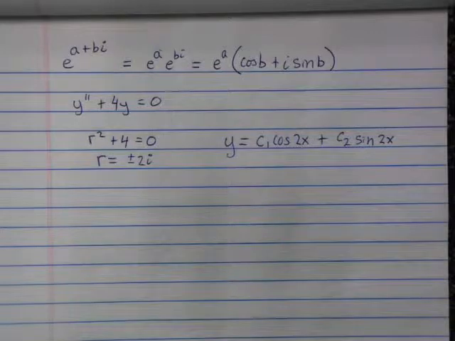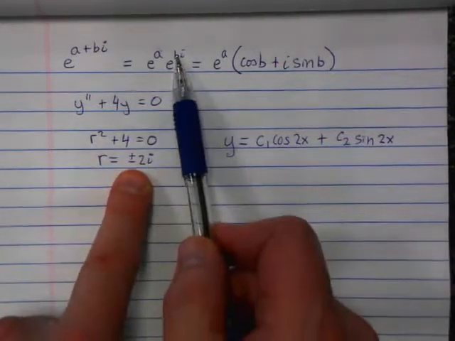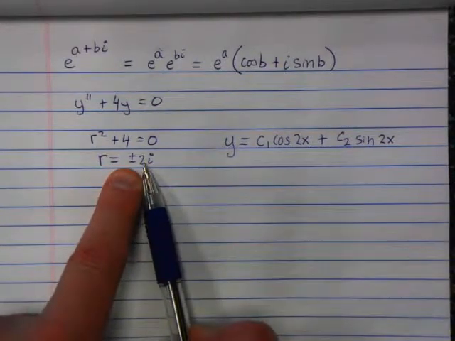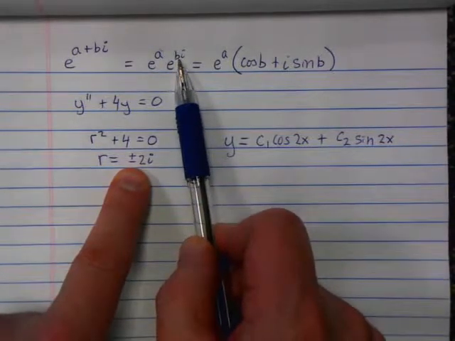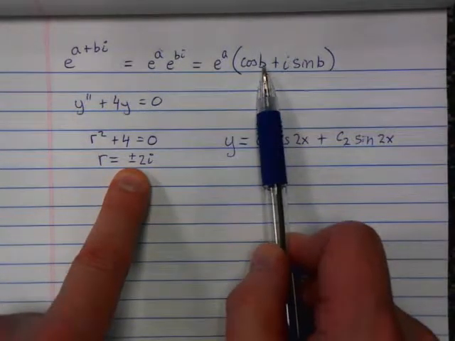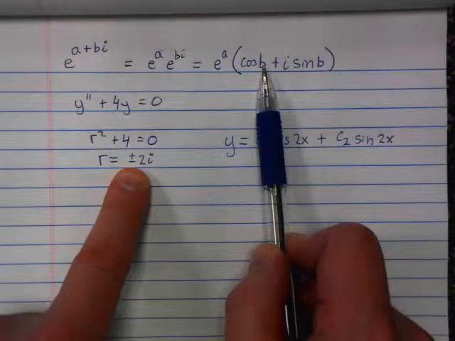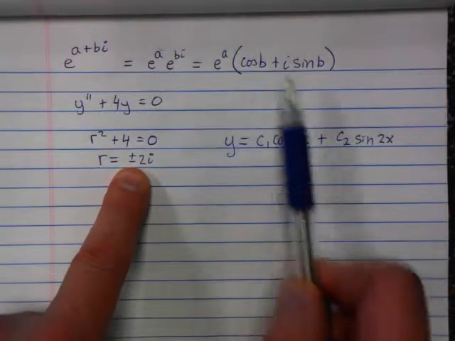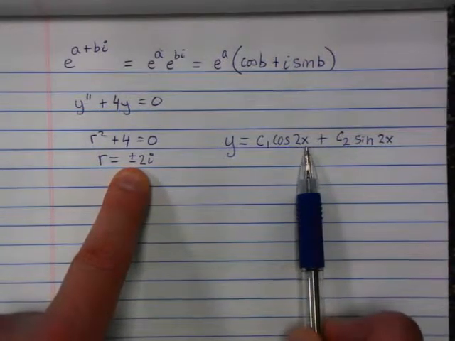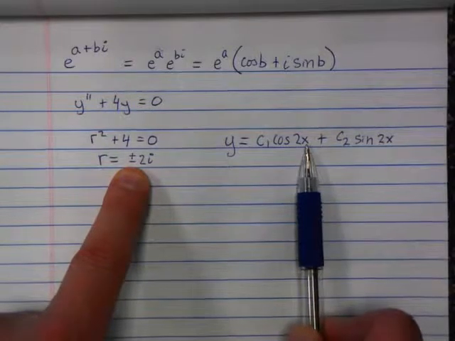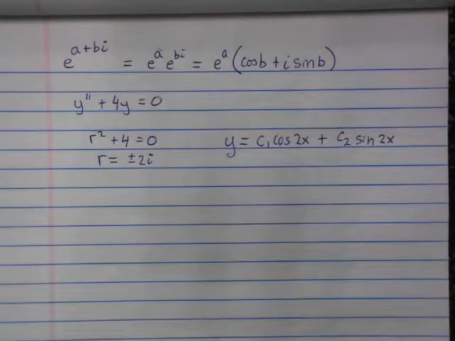Where does the 2x come from? Notice that b here is the number 2. So there's b is the number 2. And then we need it to be a function involving x, right? So 2x.